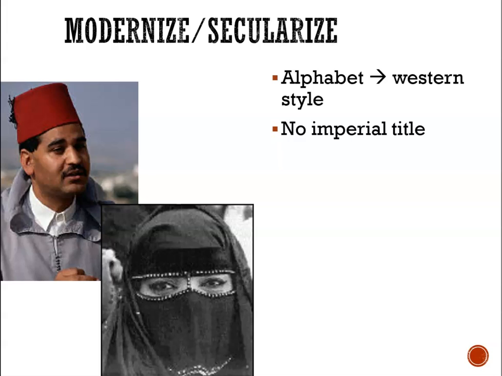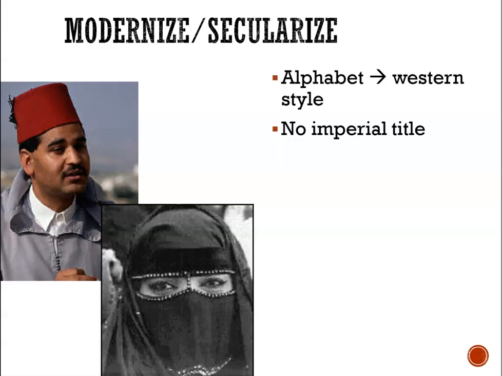They had been using Arabic writing, which goes from right to left, to write Turkish, not to write Arabic, but to write Turkish. He will say, no, we're going to use European style writing. We're going to write from left to right. We're going to use European characters, the alphabet, and there's not going to be any imperial titles like Sultan.